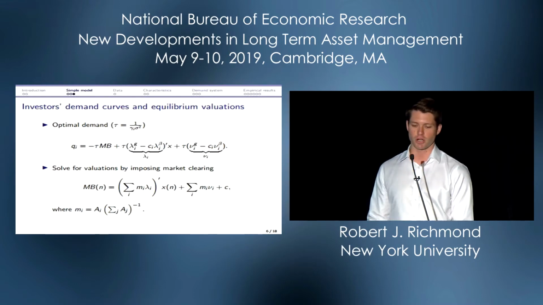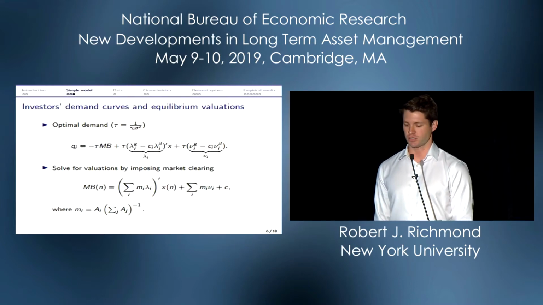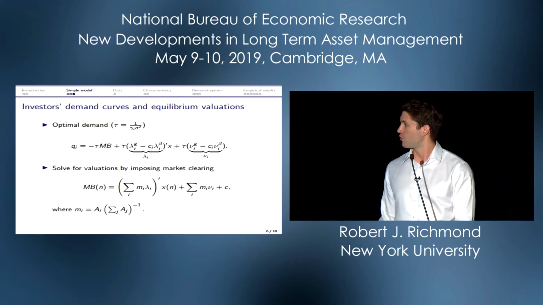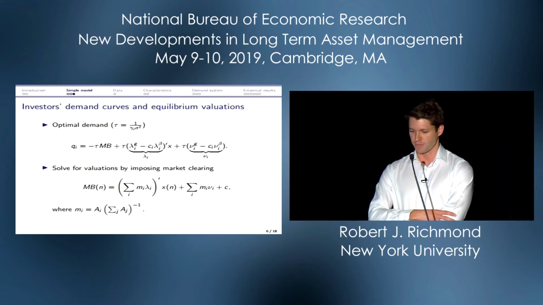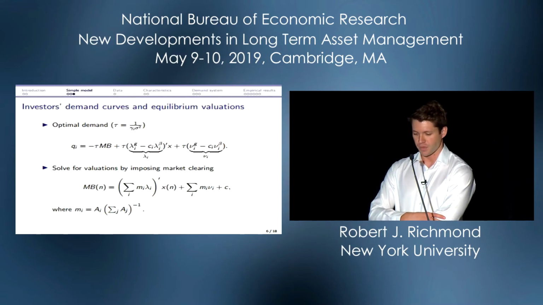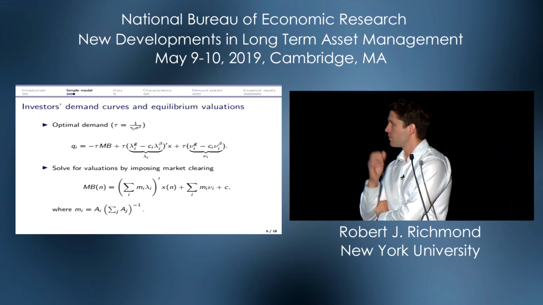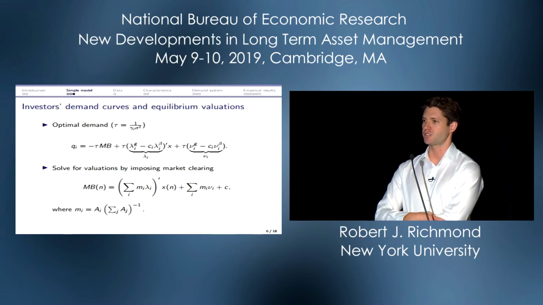All right, now we can clear markets. Just add up all of investors' demand. And we can solve for valuation ratios of firms here. The market to book ratio of firm N is just going to be a function of the characteristics. You're going to have some loadings on the characteristics, as well as the latent demand of each of these investors. Now, this MI is going to be some weight here, and it's simply the AUM weight or the AUM share of each of these investors.